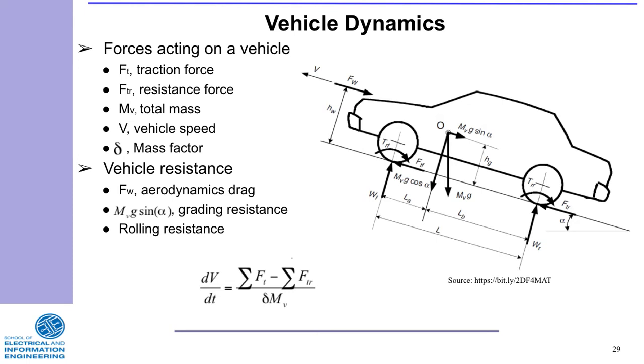All right, so the tractive force, right there, is the one that needs to overcome all these resistance forces that are acting on the vehicle. And if there's a difference between the tractive force and the rolling resistance forces and all these other forces that are opposing motion of the vehicle, there will be acceleration.